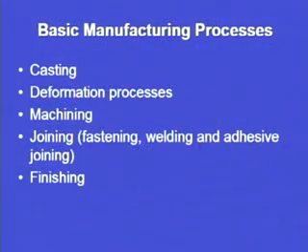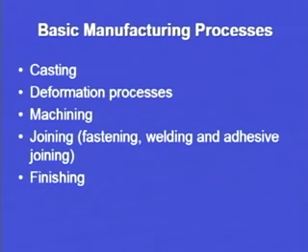So, in order to start, let us first understand what are the various basic manufacturing processes. As we have earlier also seen in powder metallurgy, there are 5 different types of basic manufacturing processes. These manufacturing processes are casting, deformation processes or metal forming processes, machining, joining.